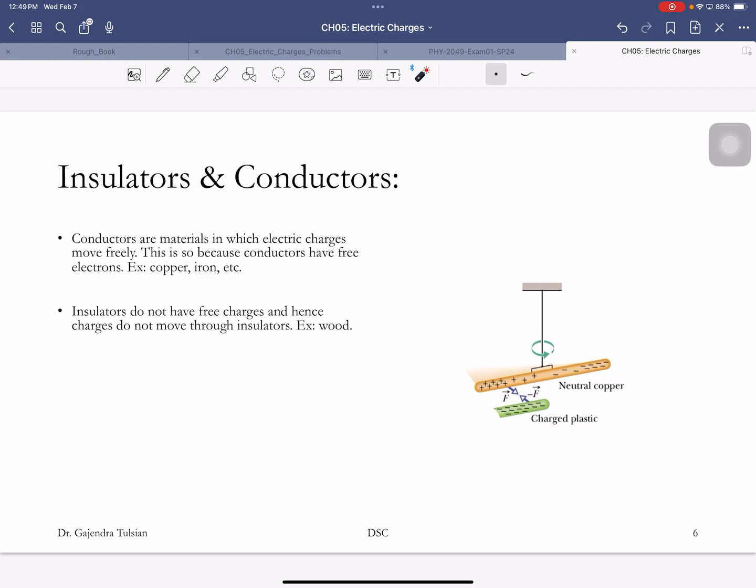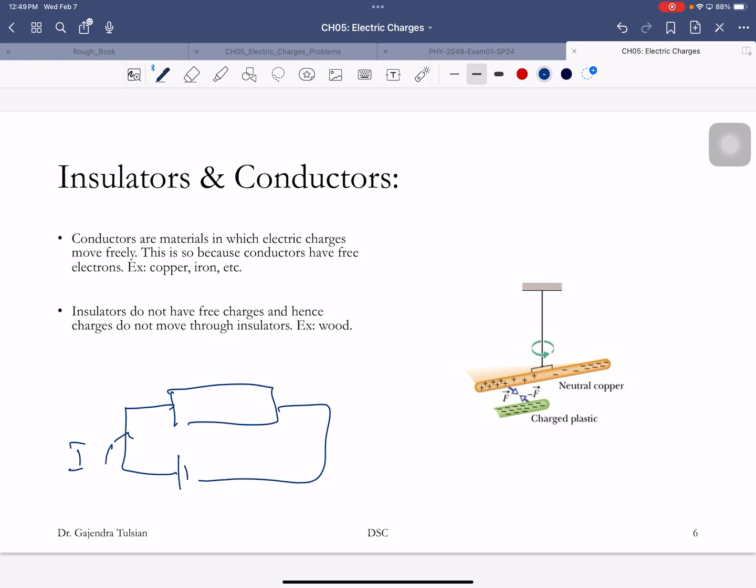So if you take a battery and connect an insulator, there won't be any current flowing, or the current will be very small. And if you have a conductor, the current will be large. Okay, so that's what we're talking about.